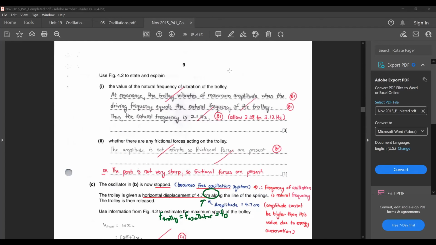The next part of the question on the next page mentions this: use the graph to state and explain the value of natural frequency of vibration of the trolley. By looking at the graph, how do I know what's the natural frequency of the trolley?